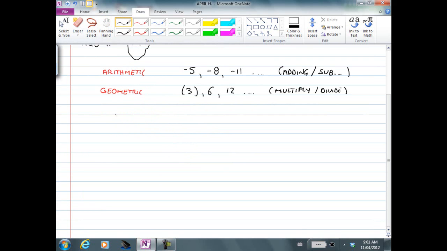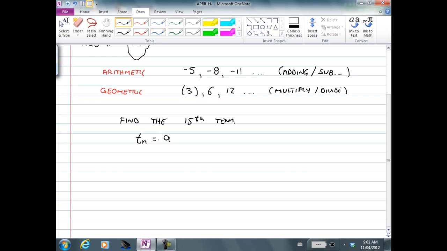Now, if I give you this pattern, 3, 6, 12, and so on, I'm going to ask you to find the 15th term. You can sit here with your calculator and go times 2 times 2 times 2 for a long time, or there's going to be a formula. Notice we're working with geometric now, not arithmetic, so the formula is going to be different.